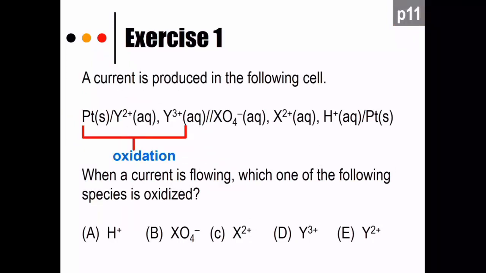This is the half cell where the oxidation reaction has taken place. Since this is the oxidation reaction, when you read from left to right, it represents an oxidation reaction. So the species that has undergone oxidation will be Y2 plus. Okay, quite straightforward if you know what the cell diagram represents.